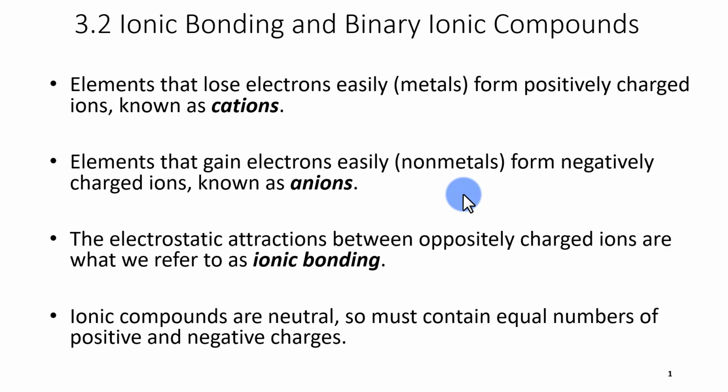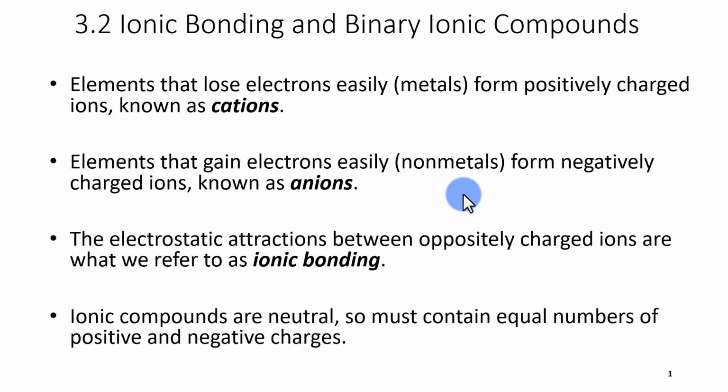So technically we're gaining negative charge. The positive charge stays the same. So we either increase the negative charge by gaining electrons and forming anions, or we decrease the negative charge by losing electrons and we form cations.